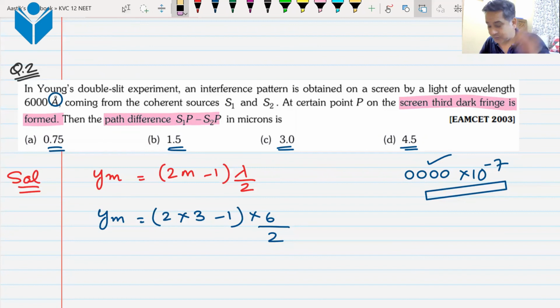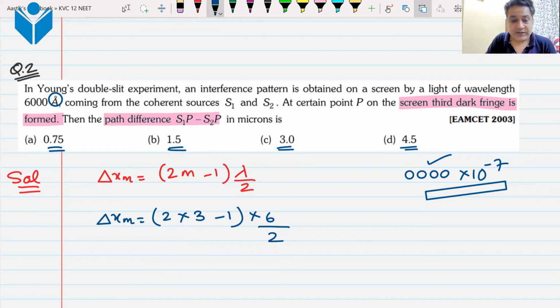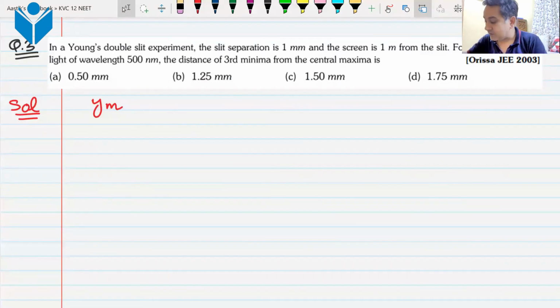We have used Y_m for the distance of the minima. Here it was the path difference, so I must change the symbol here. I hope you understand. This is the symbol for path difference. Sorry, because Y we are using for the distance from the central fringe. So I'm sorry, I used the wrong symbol. I'm very particular about symbols.